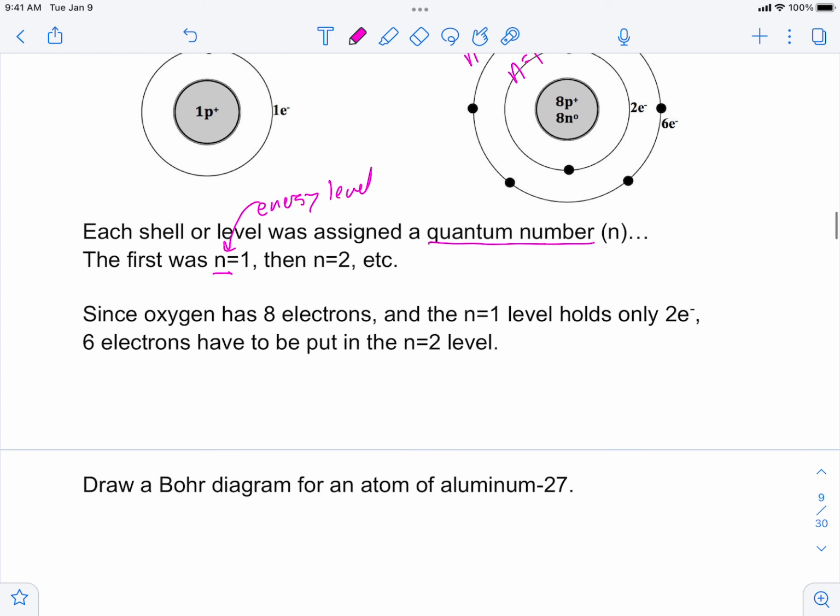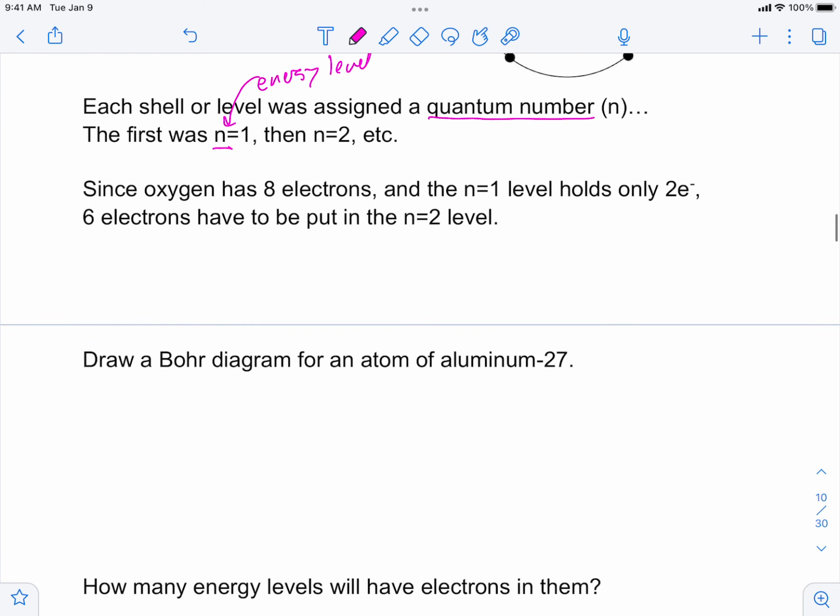Okay, now let's look at something like aluminum. So aluminum has 13 protons, 13 electrons. So if we drew a Bohr diagram for aluminum, in the nucleus, 13 protons, if the mass is 27, that means we have 14 neutrons. So here's the nucleus.